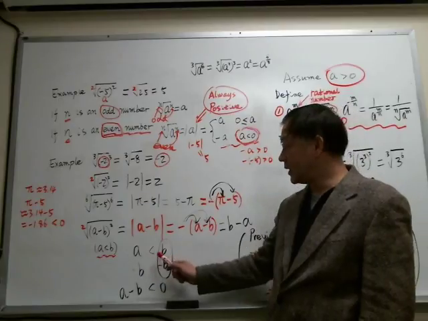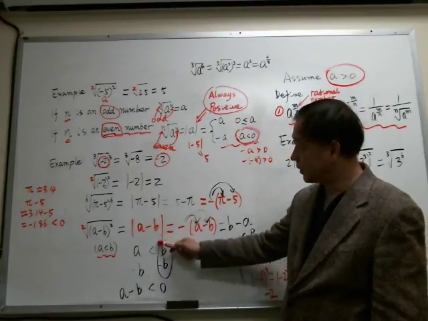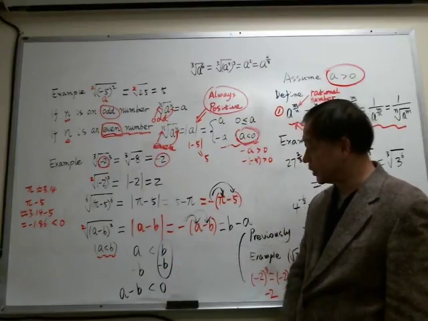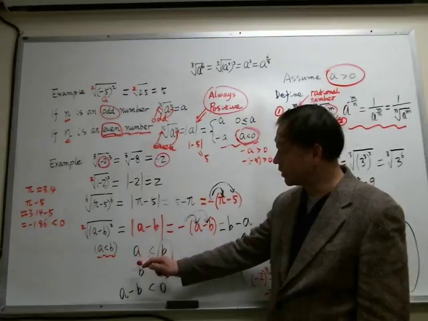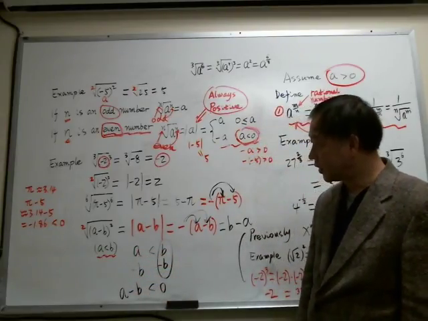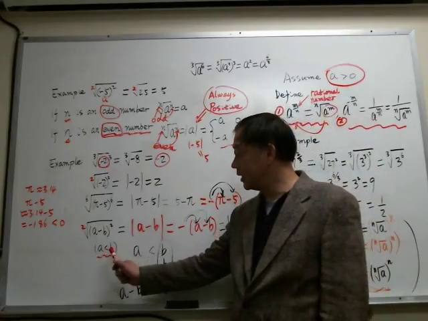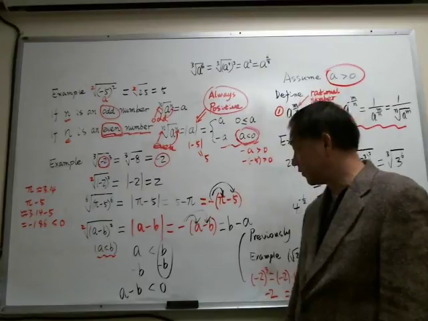So a is less than b. Subtracting b from both sides, those two b's cancel. On the right-hand side you have 0, and the left-hand side is a minus b, which is less than 0. So a less than b tells us that a minus b is negative.